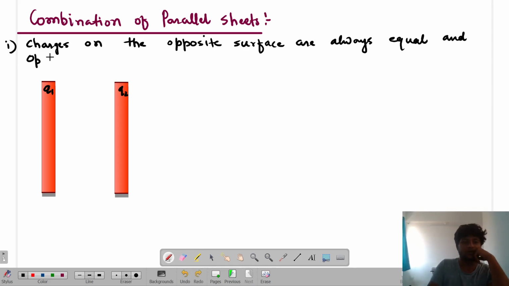The first condition is what? That whatever you do, the charges on the opposite surface are always going to be equal and opposite. Is that clear?